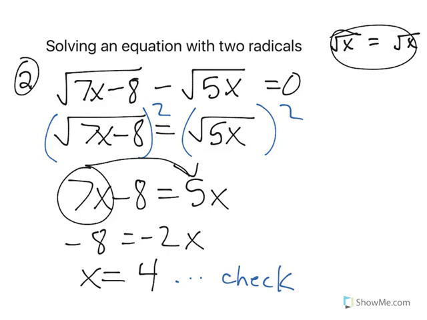Square root of, let's see, this becomes the square root of 28 minus 8, which is 20, minus the square root of 5 times 4, which is 20, and that would end up giving us 0, so x equals 4 is the correct answer.